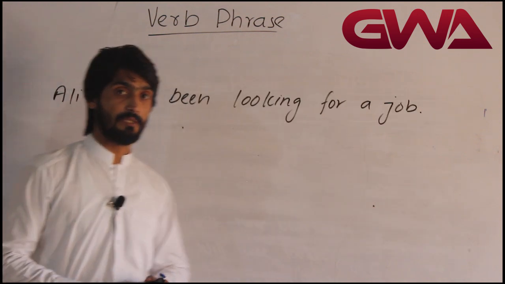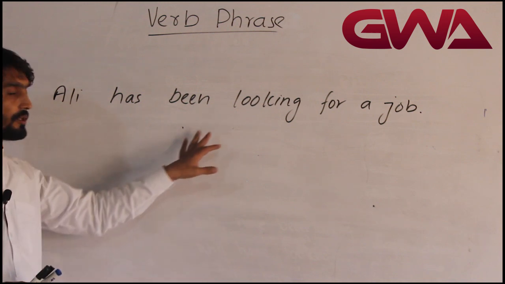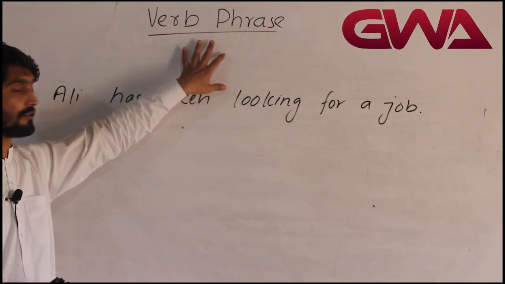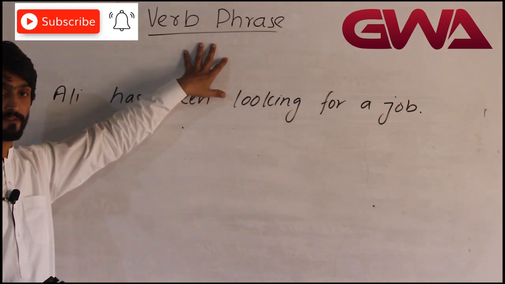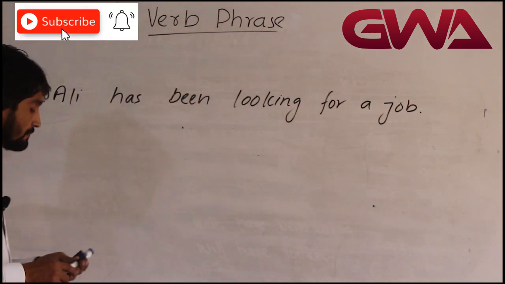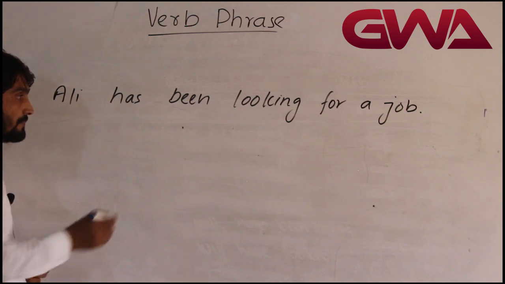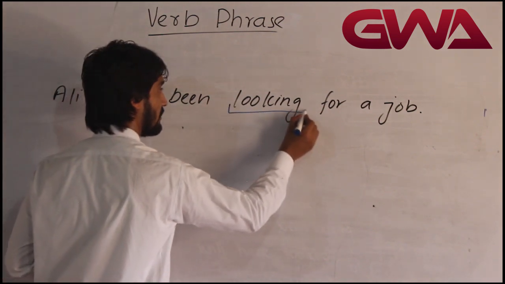Here is an example: Ali has been looking for a job. Let's find out the verb phrase and also the phrasal verb. Now, find the main verb first. So the main verb is looking.